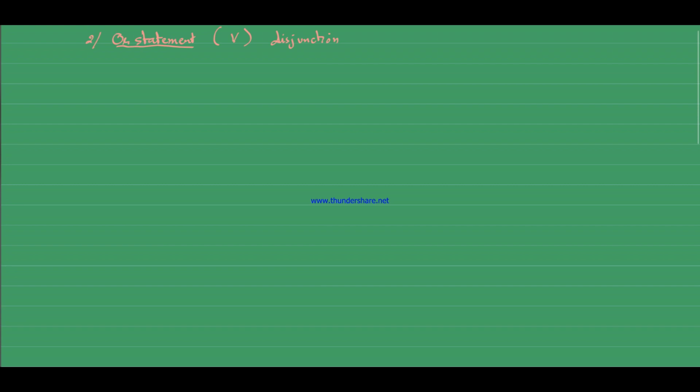Alright, for example, example number 1. So I have two statements. P, the first statement is the bill received majority approval. Q, the bill becomes a law.